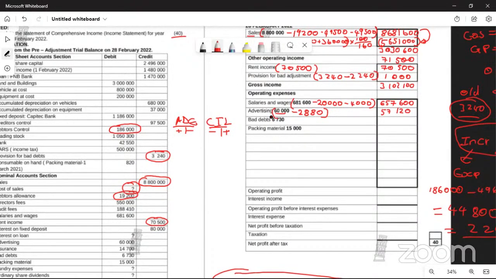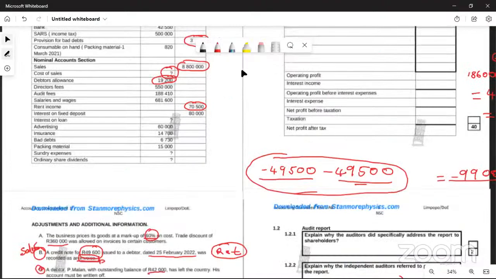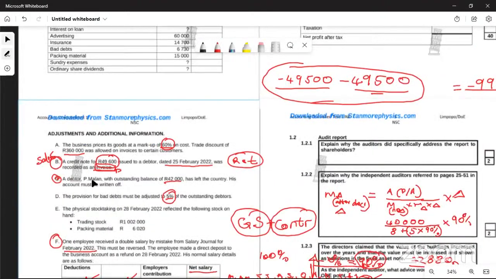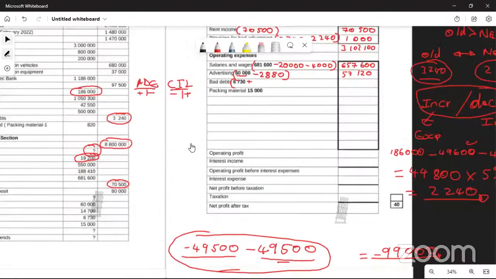Okay, we have to add as a new amount, if you still remember the column from our adjustments: a data PM outstanding balance of 42,000 has come in.